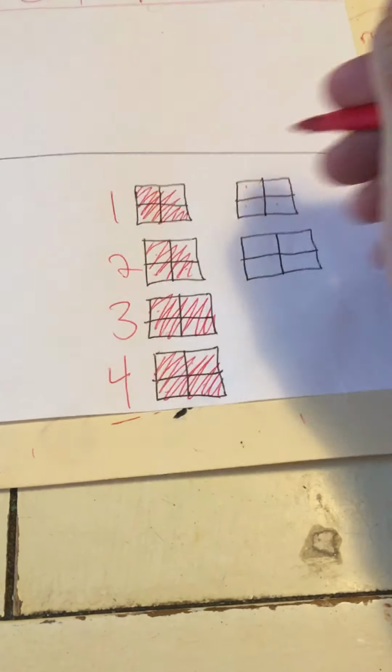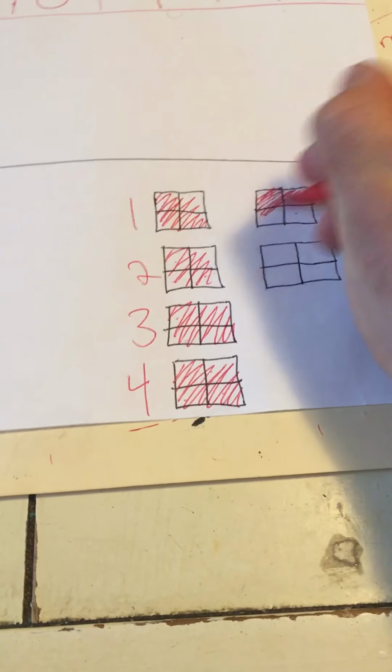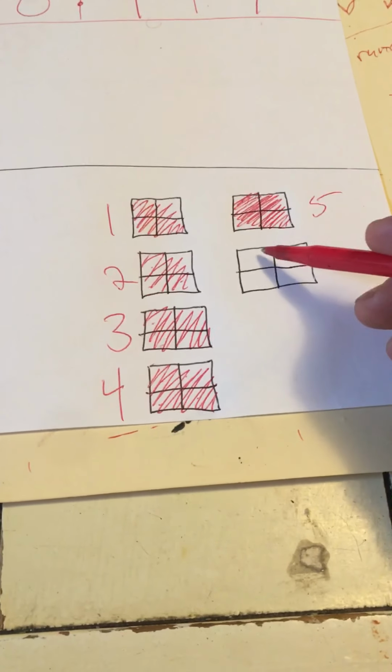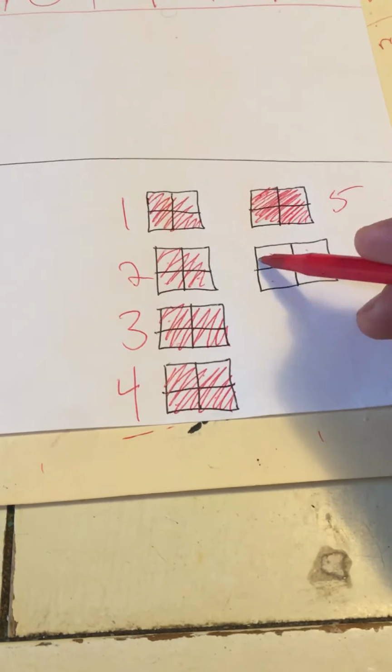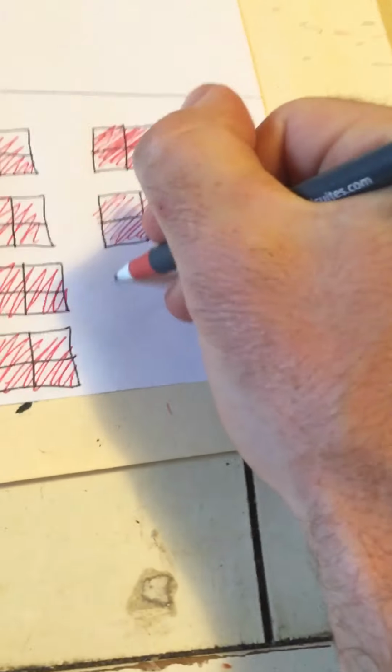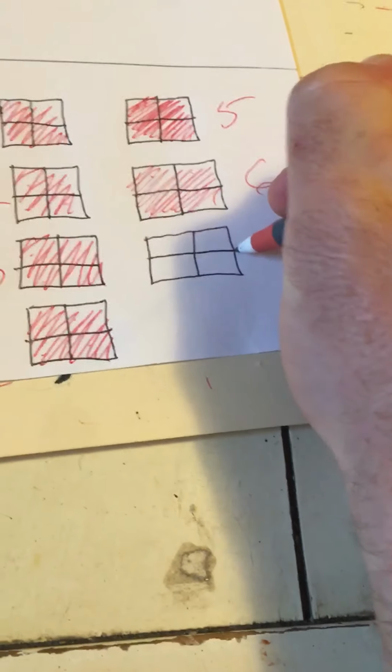17, 18, 19, 20/4 makes 5 wholes. 21, 22, 23, 24/4 makes 6 wholes. And we need 27/4. So I actually need to draw another whole cut into fourths.